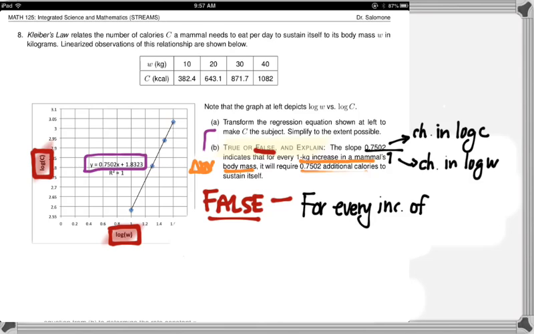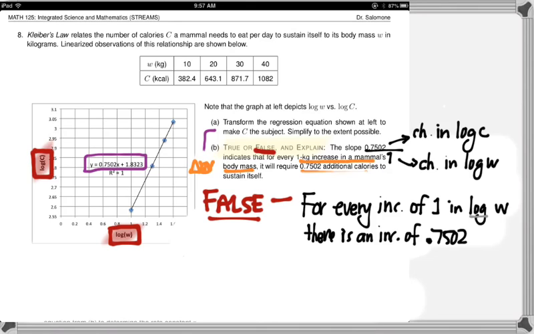So for every increase of 1 in log W, so here's where we're adding what we need to add in order to make this an accurate statement. We're adding the word log here. For every increase of 1 in log W, there is an increase of 0.7502 in not C, but the log of C. Again, we have to add those logs in there before it becomes an accurate statement.